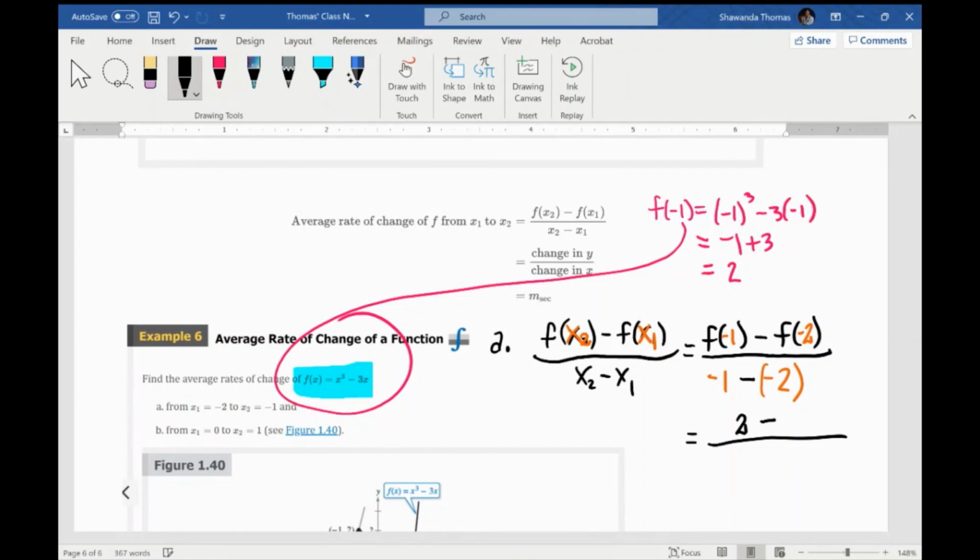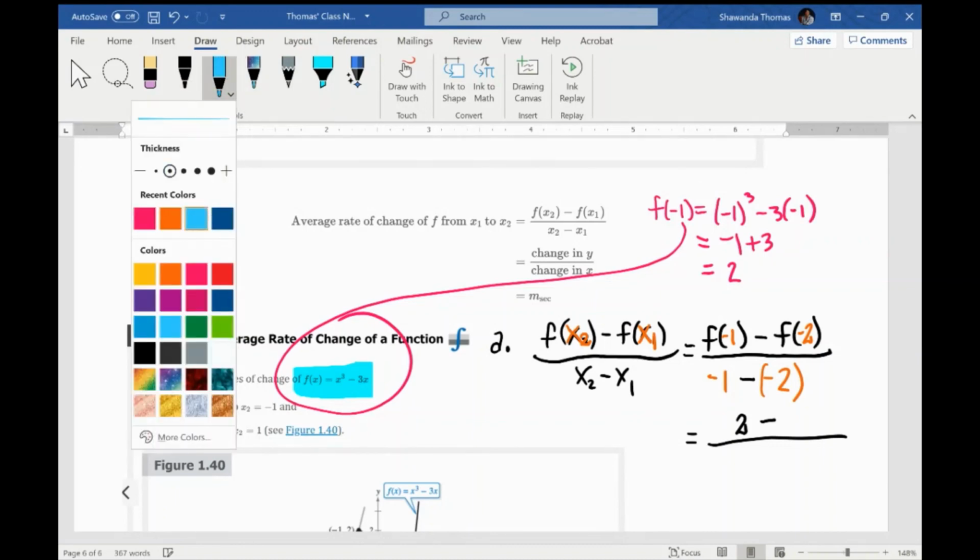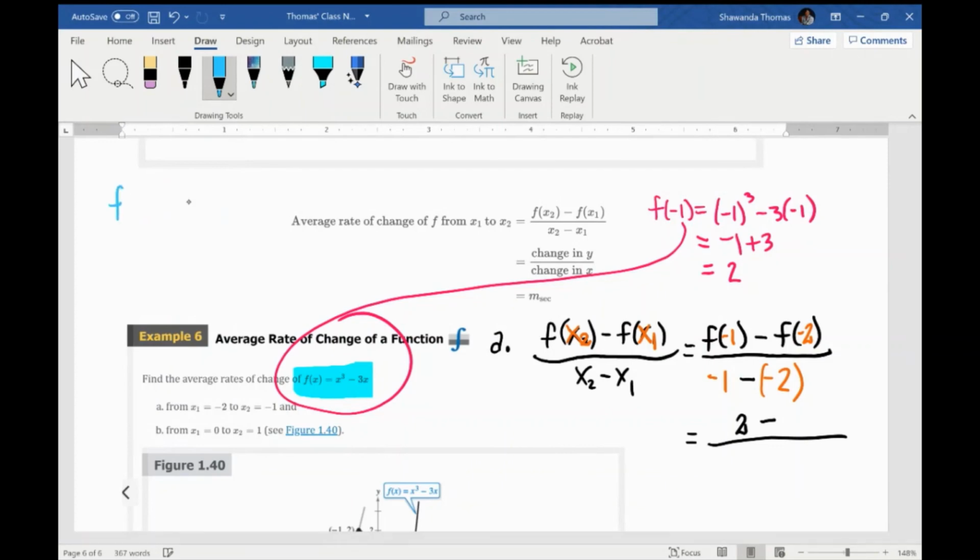Now we need to figure out what f of -2 equals. I'm going to go all the way over to the left. F of -2 equals, using the same function, -2 cubed minus 3 times -2.